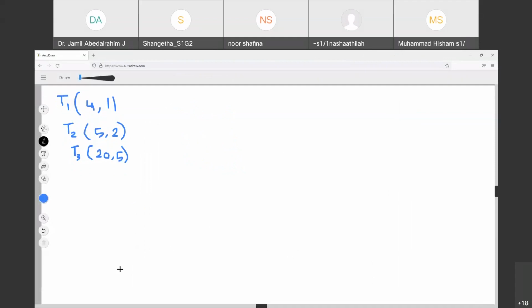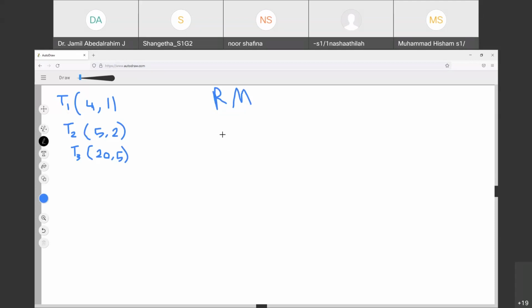Okay. How to draw the timing diagram of rate monotonic? First of all, you have to find the highest priority, then the middle priority and the lowest priority.